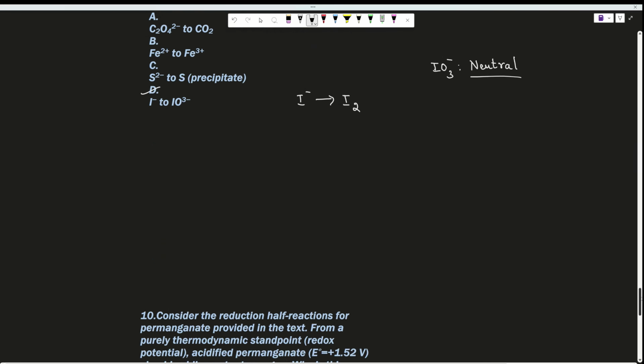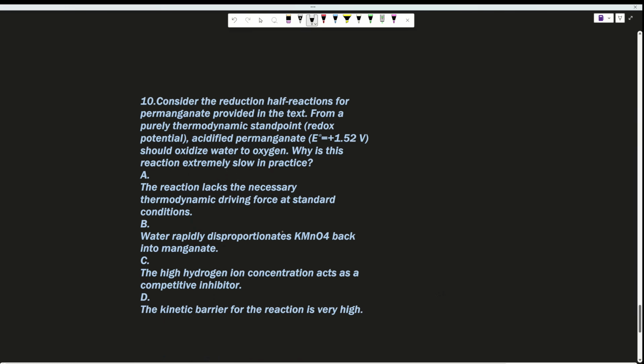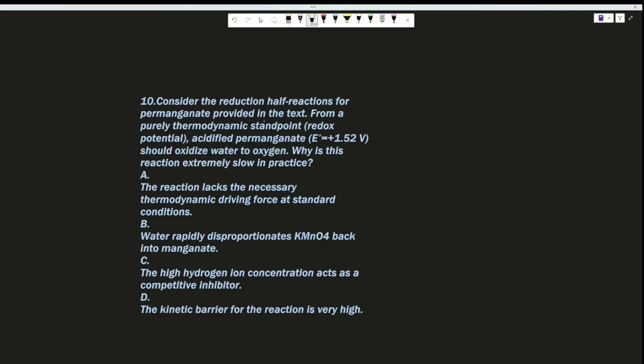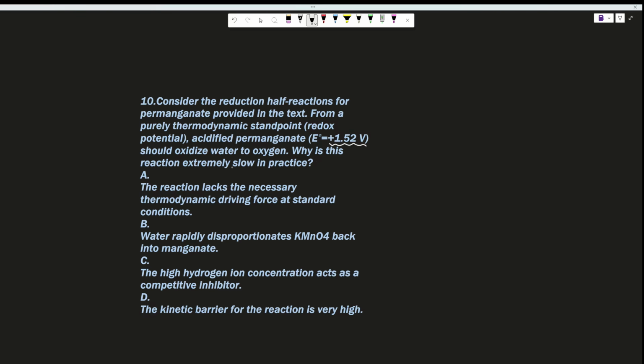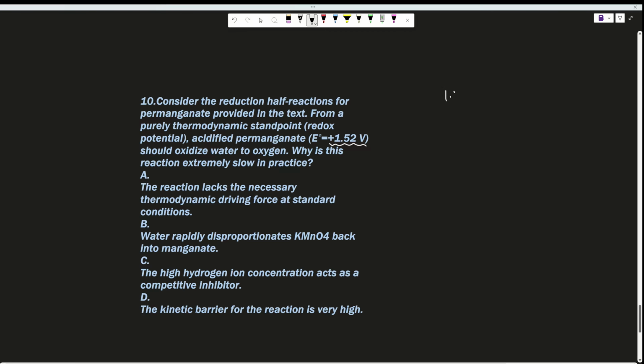Next, consider the reduction half reactions for permanganate from a purely thermodynamic standpoint, that is using the redox potential. Acidified permanganate E naught value is given, should oxidize water to oxygen. Why is this reaction extremely slow in practice? See, actually, when you have higher potential, okay, for this, water to oxygen, that will be 1.23 volt.